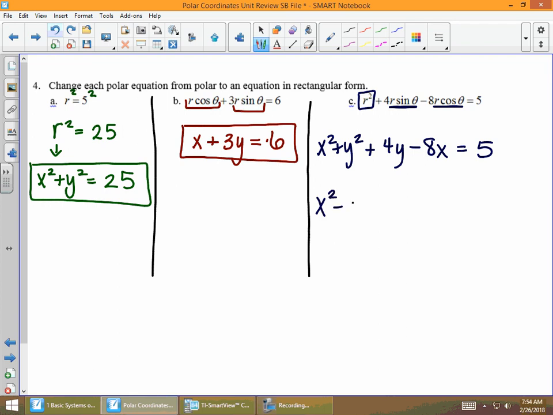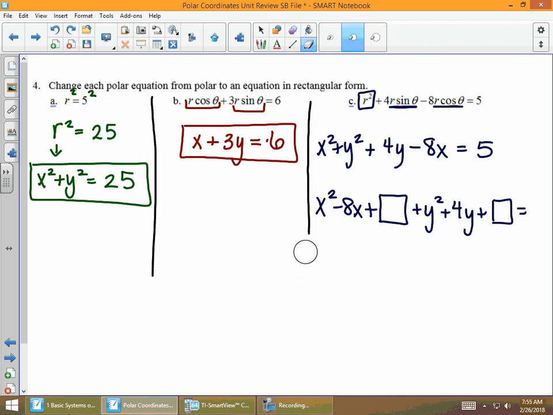X squared minus 8x. And when we complete the square, as you were taught in Algebra 1 or Algebra 2, we add a box there. Y squared plus 4y. We're going to add a box there.